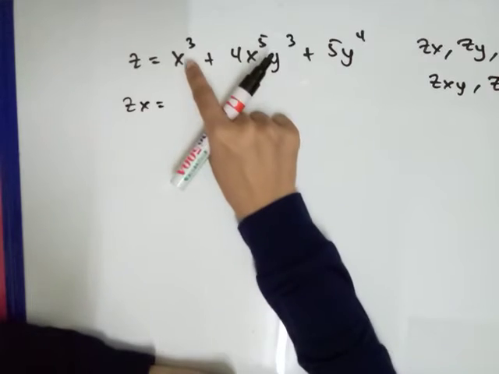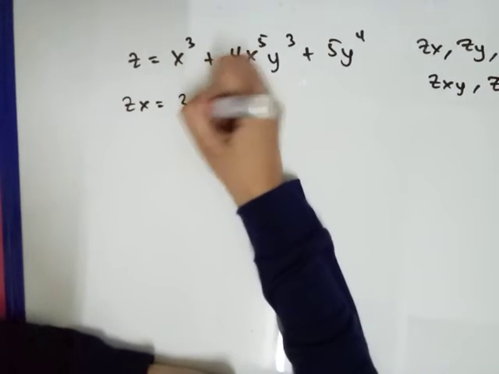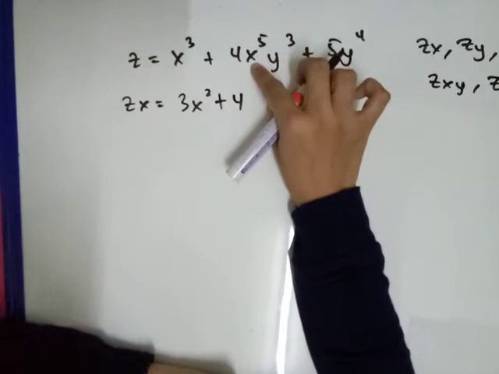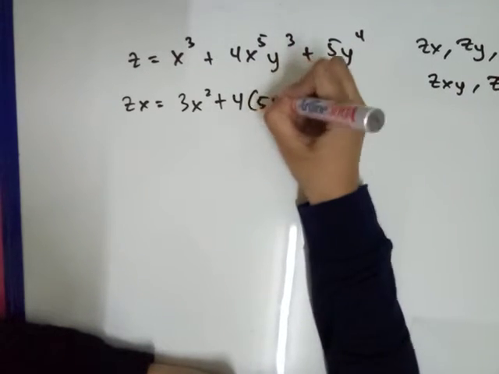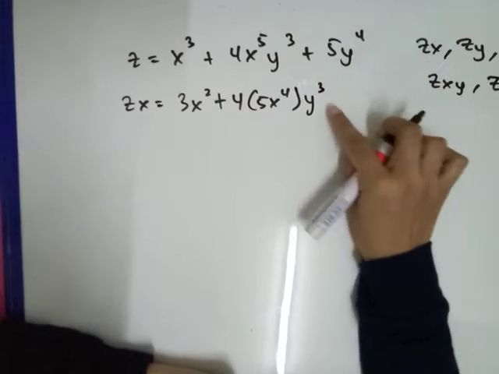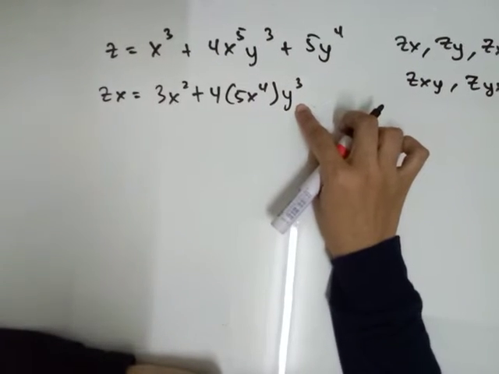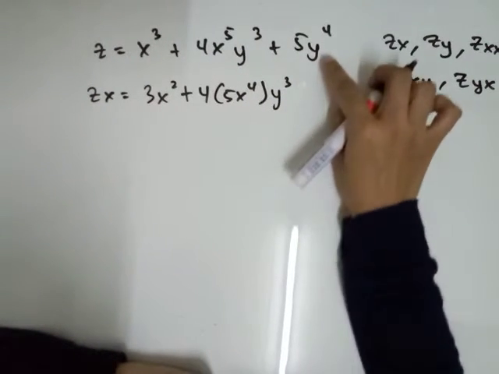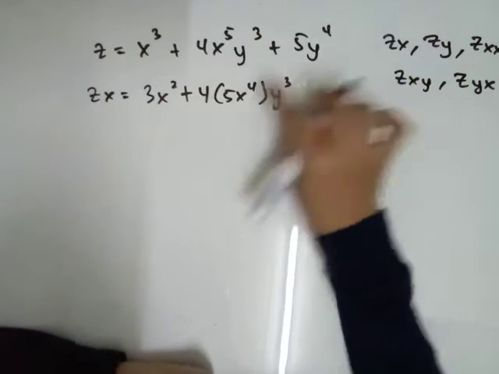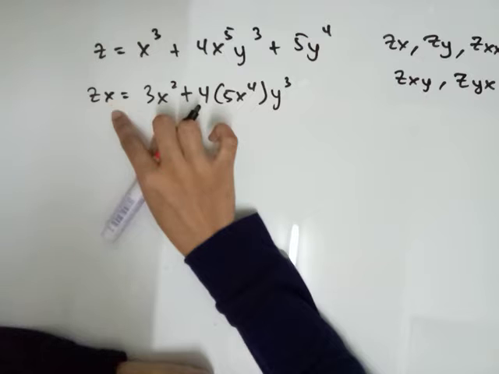First we need to find the partial derivative with respect to x, zx. Differentiate x cubed, we get 3x squared plus 4, differentiate x power 5, we get 5x power 4. Y cube is a constant, kekalkan dia. And then 5y power 4, it is constant, because we need to differentiate with respect to x only.